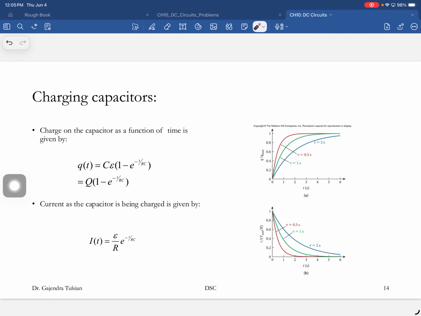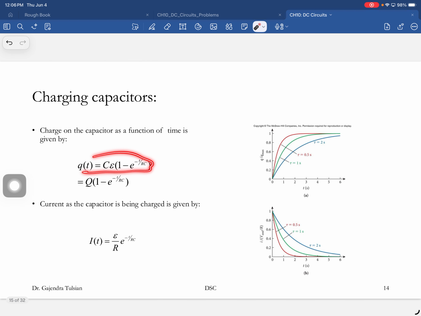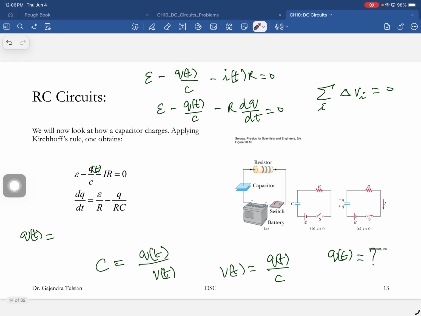Set up that circuit, test it in lab, measure the charge on it or voltage across the capacitor, and see if it agrees with this equation. If your experimental results are in agreement with the predicted results, then your assumption's correct. In fact, we'll do this experiment. Okay. So there we go.